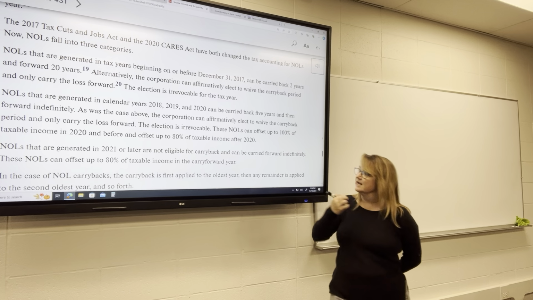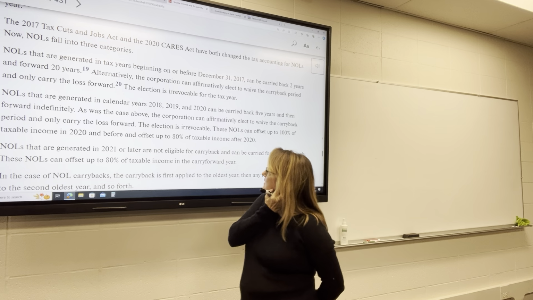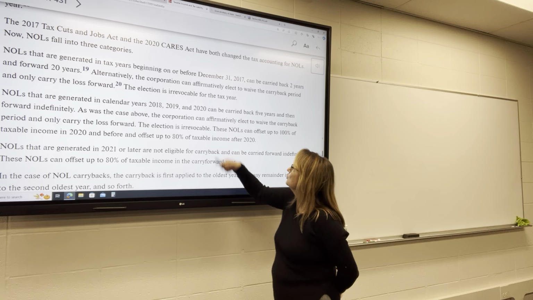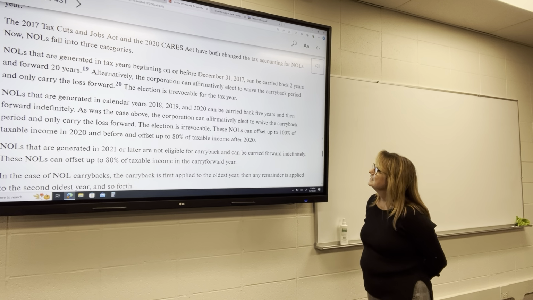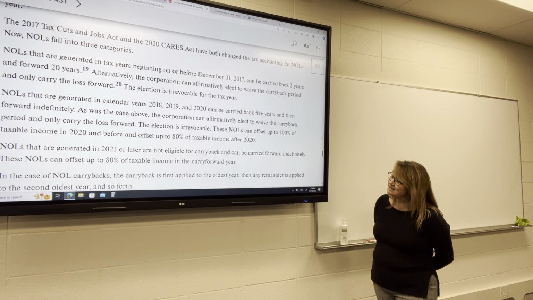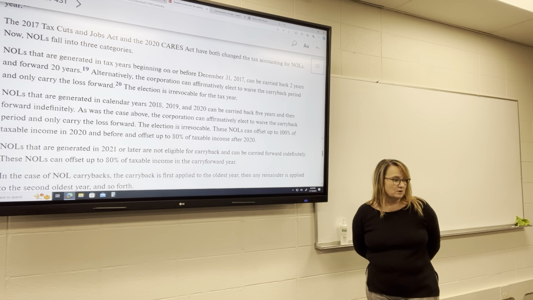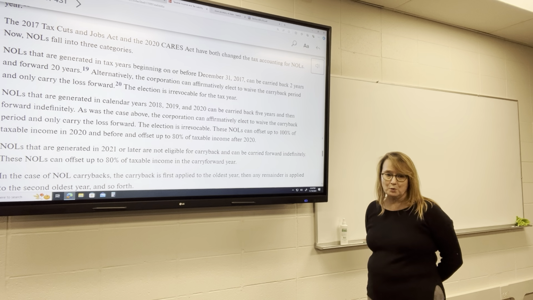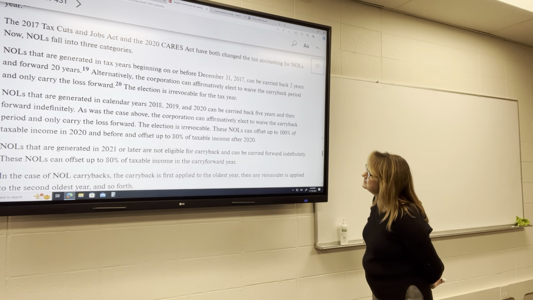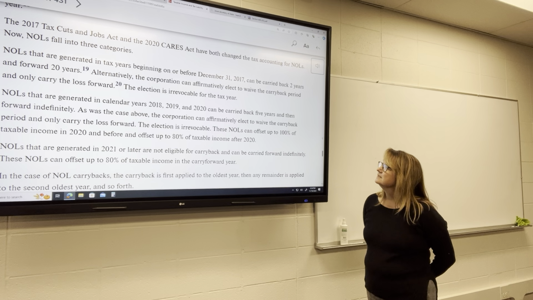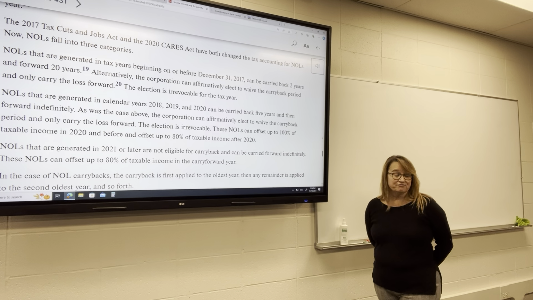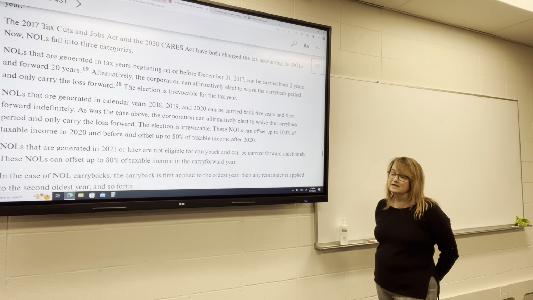If the NOL was generated in 2018, 19, or 20, it can be carried back 5 years and then forward forever and ever. So instead of back 2 and forward 20, if it was generated in 18, 19, or 20, you can go back 5 years and then forward forever.